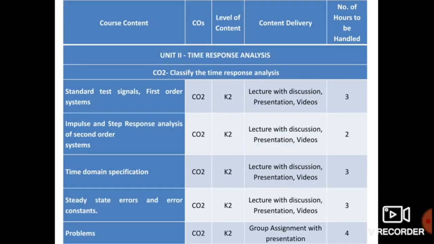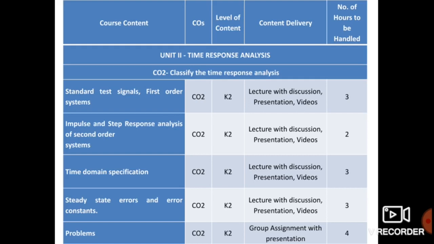The next unit is time response analysis. Here we'll be seeing first order systems, second order systems, and their response analysis. There is impulse response and step response analysis of a second order system, and that too in terms of time domain specifications.